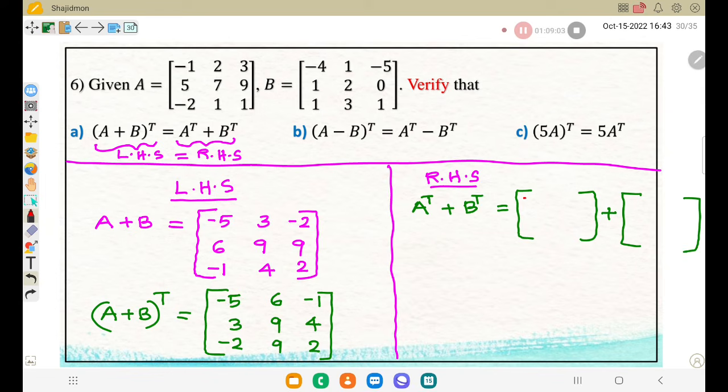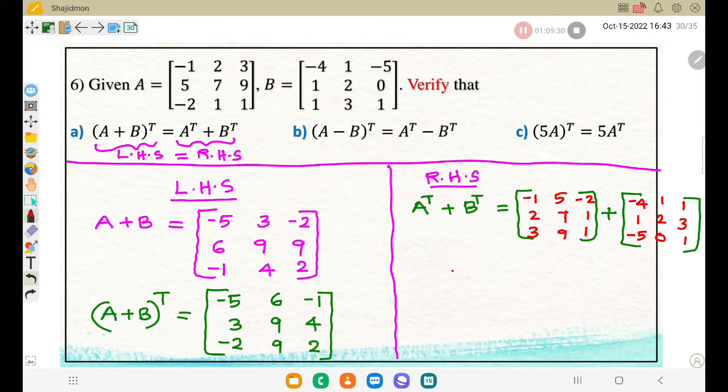So first row minus 1, 2, 3, first column. Second row 5, 7, 9. Third row minus 2, 1, 1. Same way B transpose, B matrix rotate. So minus 4, 1, minus 5. 1, 2, 0. 1, 3, 1 third, correct?